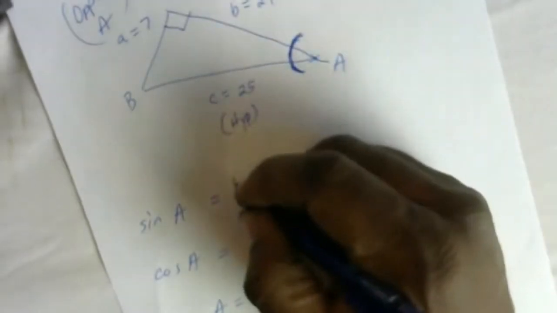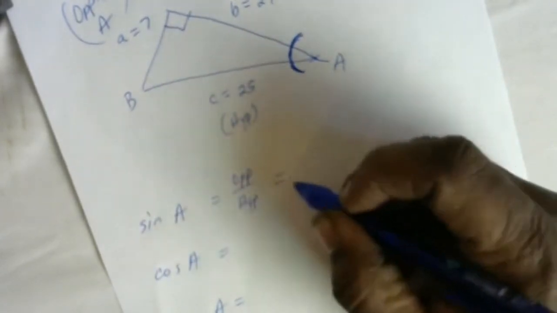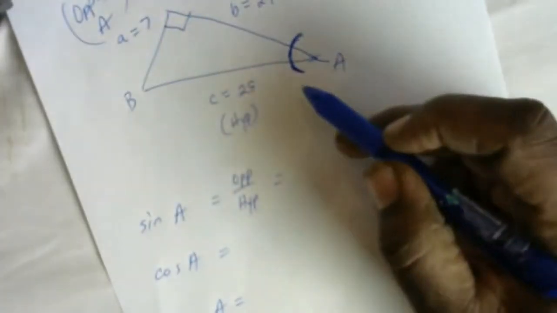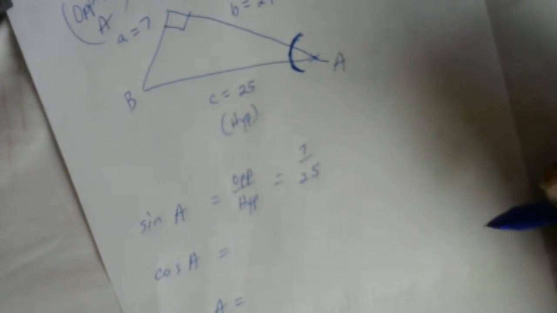Right. So I have everything I need for my SOHCAHTOA. The sine is the opposite over the hypotenuse. The opposite is 7. The hypotenuse is 25. So my sine value is 7 over 25.